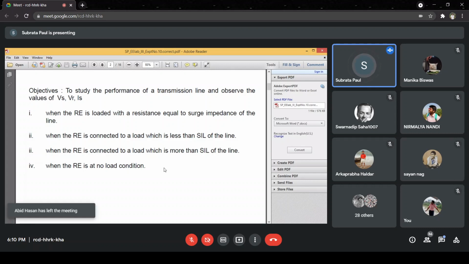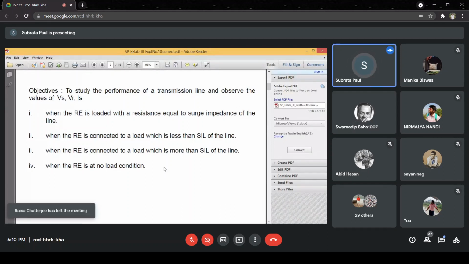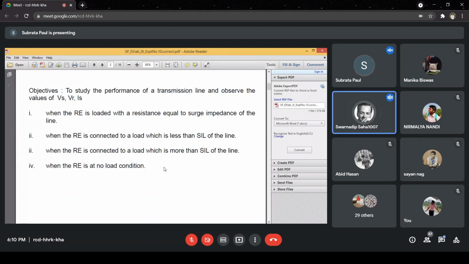What voltage do we actually expect at the receiving end? Can anyone say? Here the Ferranti effect will occur. The magnitude of the receiving end voltage will be greater than the sending end voltage. The reason can easily be explained, and I hope you already know that: it is due to the shunt capacitance of the line.